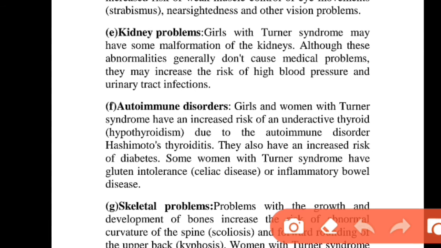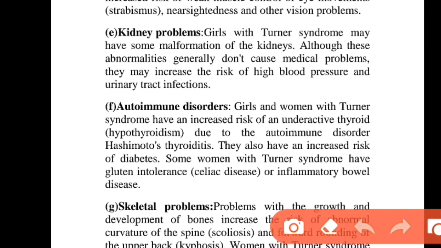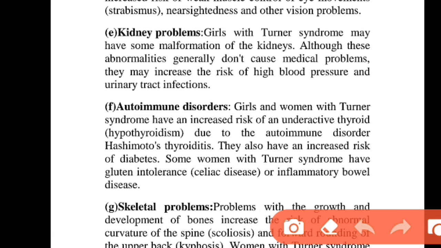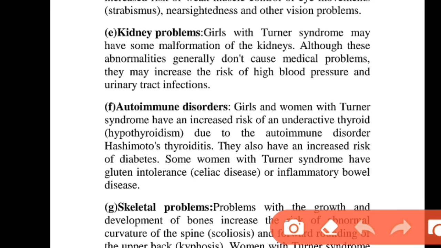The next is autoimmune disorder. The immune system is the important part of our body, and our body is responsible to fight against many diseases. So this is another disorder which is very important.